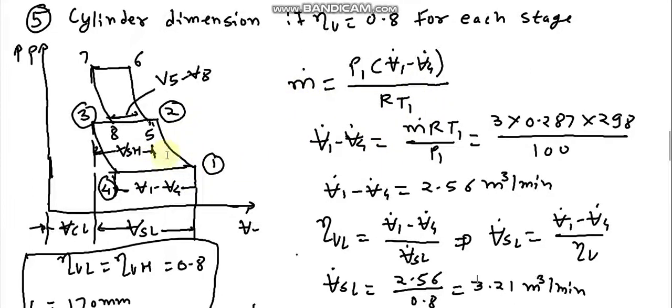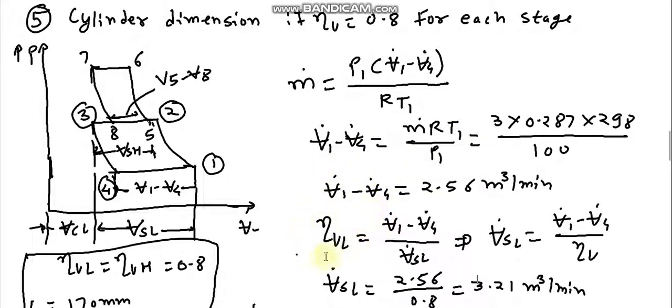We first find the diameter of the LP cylinder, and then the diameter of the HP cylinder. For the LP cylinder, V1 minus V4 equals m dot RT1 upon P1. We put in the values of m, R, T1 and P1, and we get V1 minus V4.